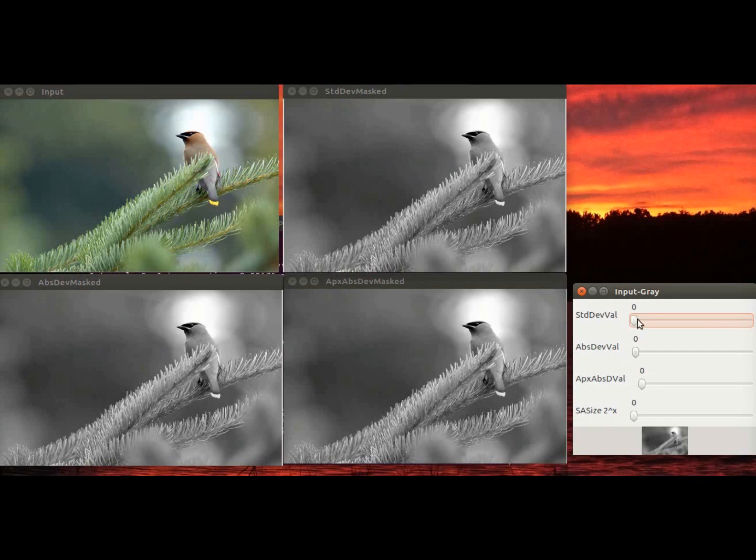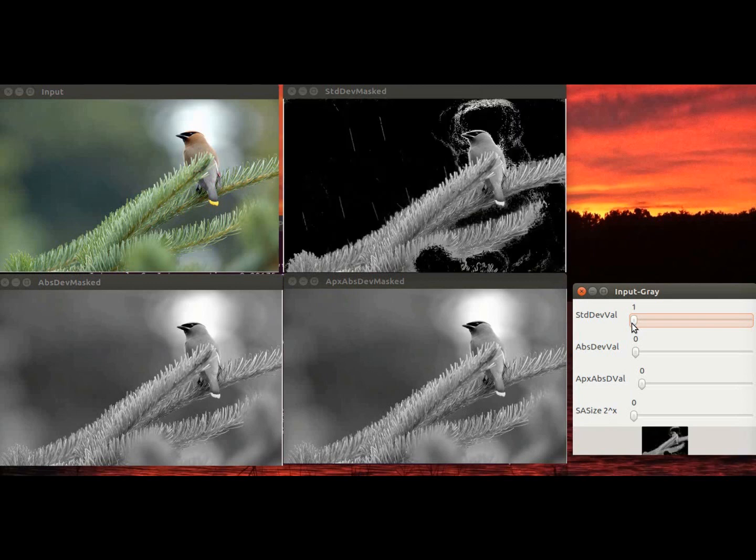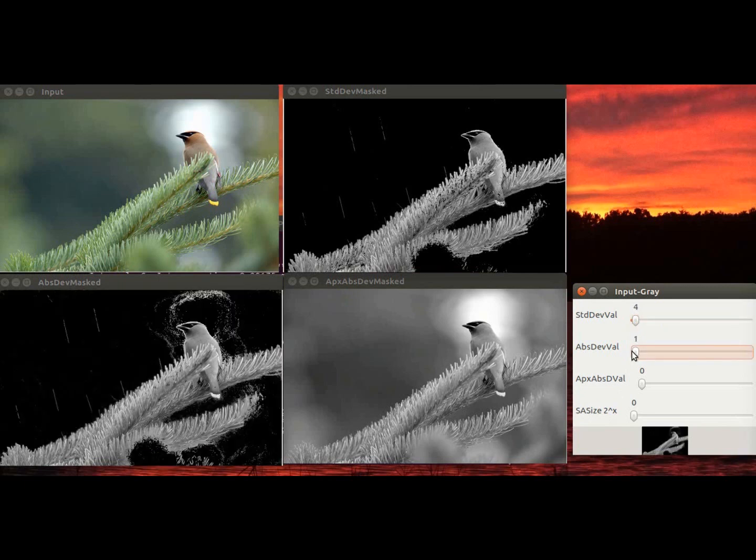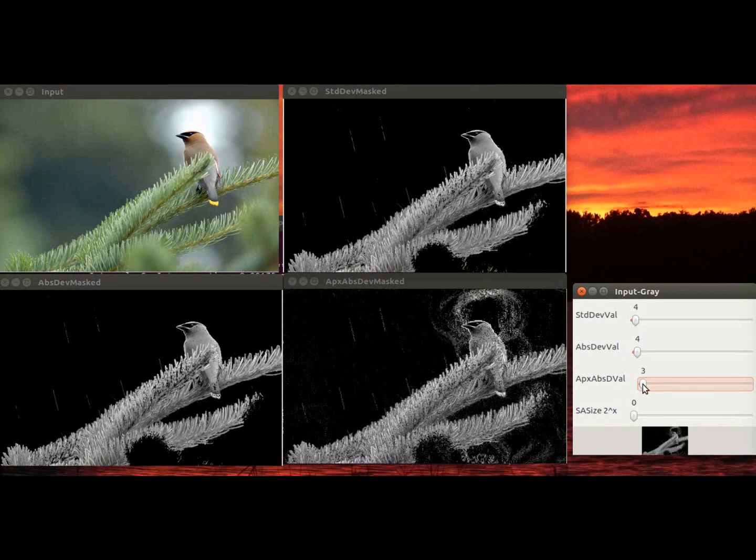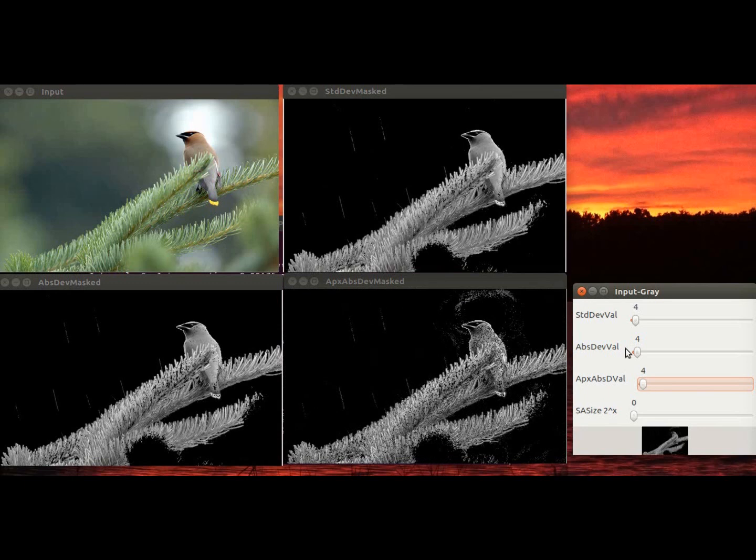So as we vary the threshold, down this side we have the standard deviation, absolute deviation, and you see that immediately our brighter area disappears in each one, and you get much the same sort of processing with each one.